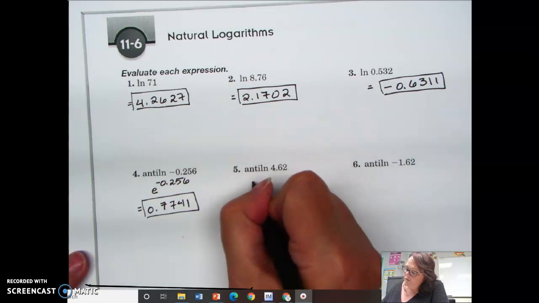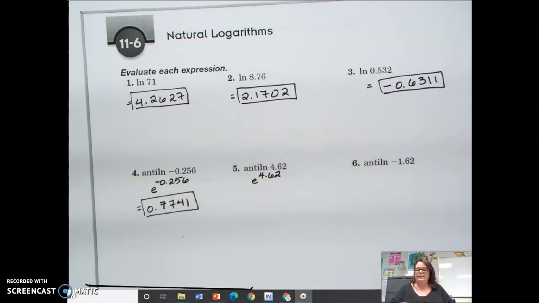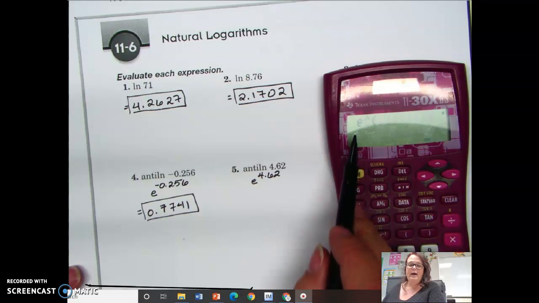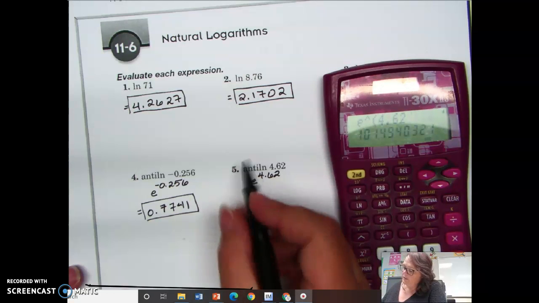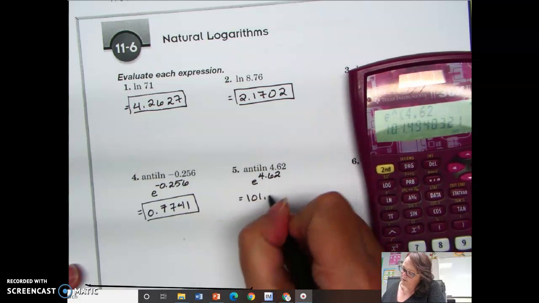Again, on this one, this is really saying e to the 4.62. So if I have a forward-thinking calculator, I'm going to do second and natural log, and you'll notice it says e to the power of, and then we get 4.62 equals, and that gives me 101.4940.